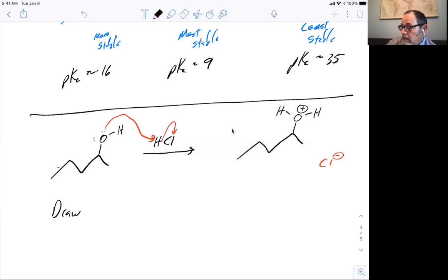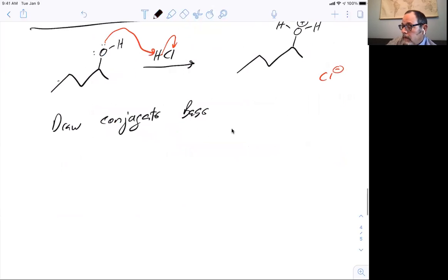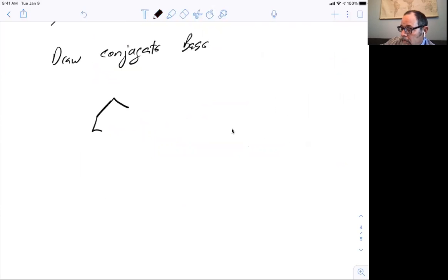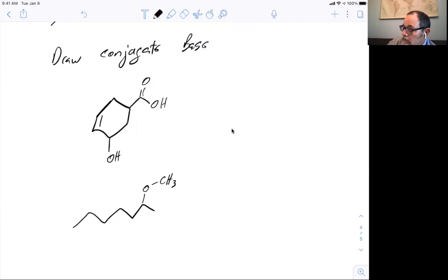And let's draw a conjugate base. So draw the conjugate base to both of these.